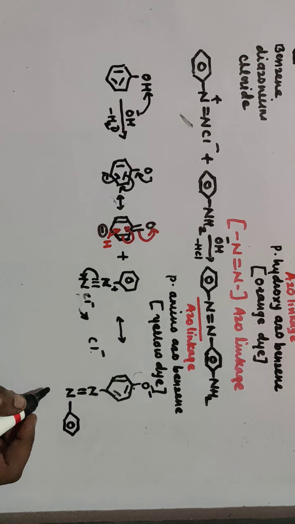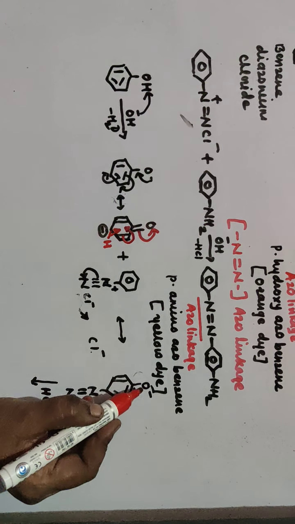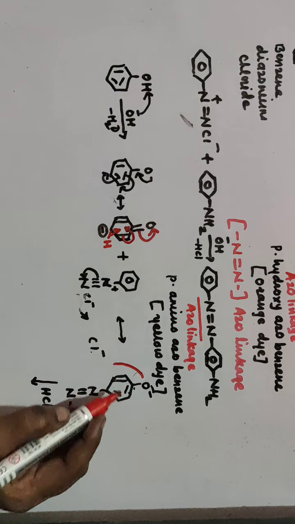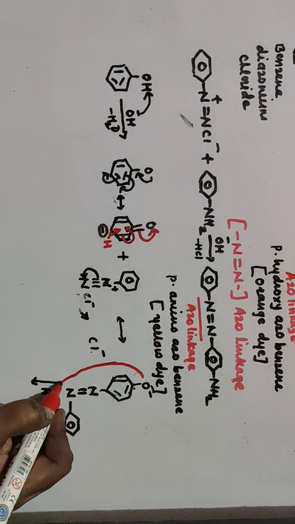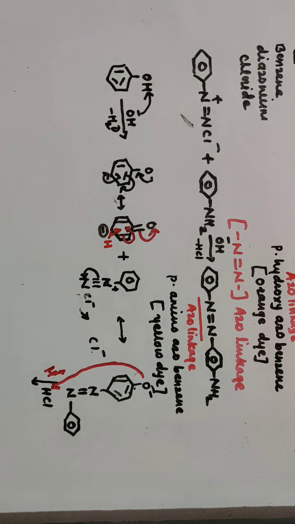Now HCl is there in the solution. So the oxygen atom, as it has a negative charge, takes H plus ions from the HCl, and there is a formation of your dye.